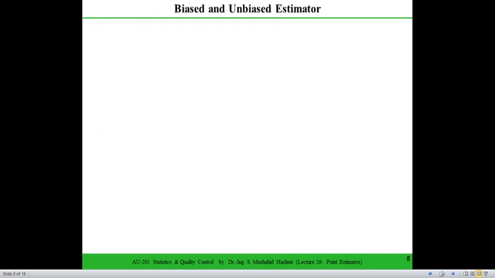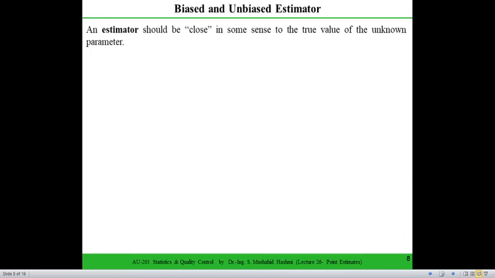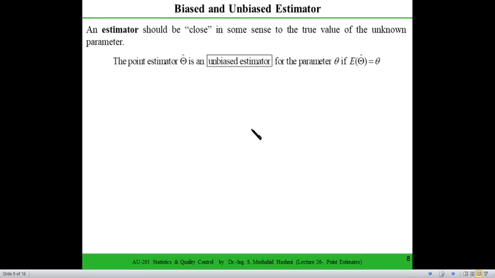Okay, then the question comes about biased and unbiased estimators. When your estimator, or a single guess value, is representing the true value of the population, and in all cases we know that the population parameters are unknown, so we don't have information about them. By definition, a point estimator, theta cap, which is always computed from a sample, would be an unbiased estimator for the parameter theta if the expected value of that point estimator is equal to the parameter.